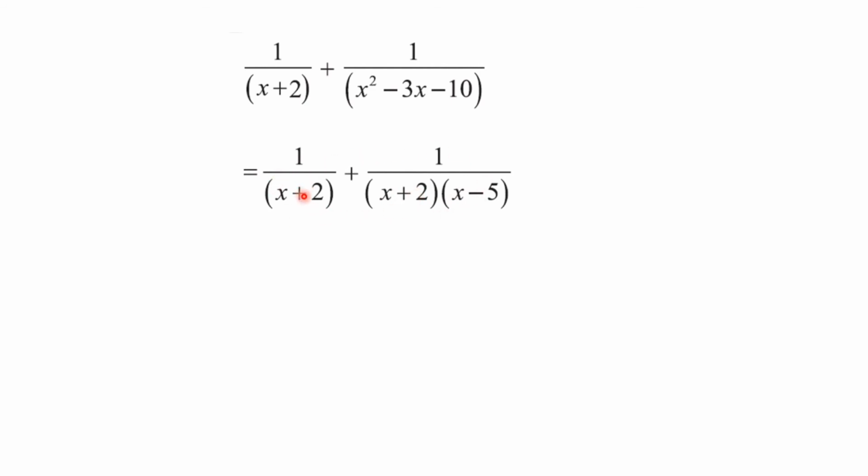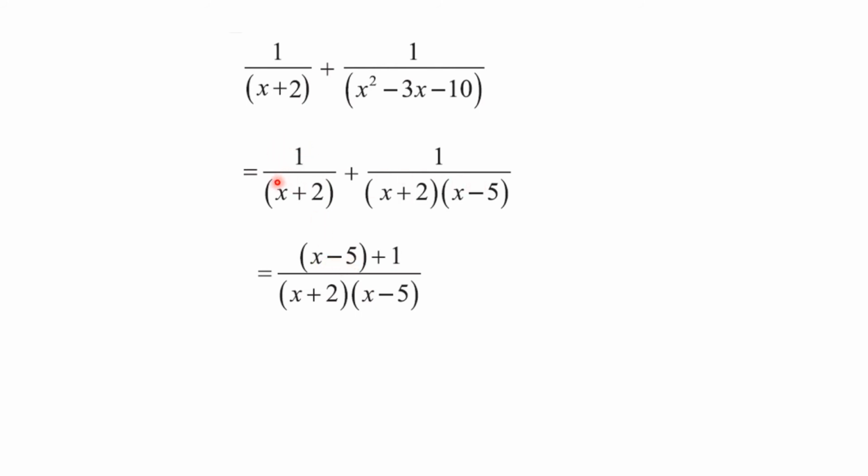So if you consider only the x plus terms, you get x plus 2 and x minus 5 also there. So the common denominator of this one is x plus 2 into x minus 5. In this case we don't have the x minus 5 term, so I multiply this by x minus 5.